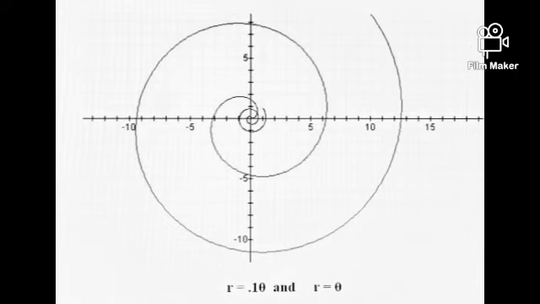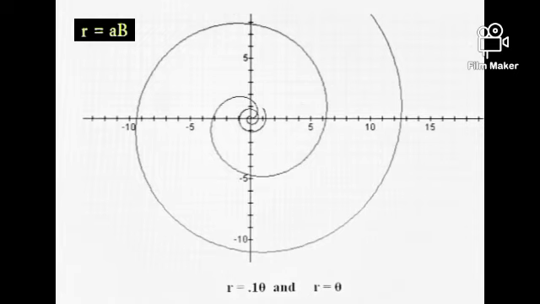The smaller or tighter one and the larger or wider spiral. But both of these Archimedean spirals start from the origin representing the point with polar coordinates (0, 0), where the angle b is 0, and when the angle b is 0, the radial coordinate r is also 0.